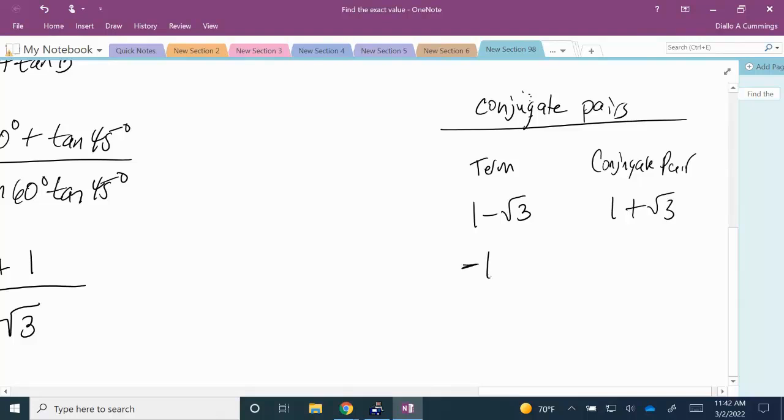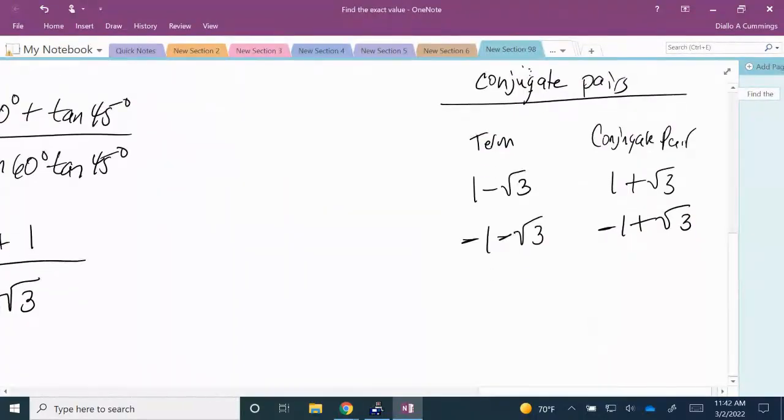So let's just say our term was negative 1 minus the square root of 3. Its conjugate pair would be negative 1 plus the square root of 3. Right? Only the sign for your second term changes. Let's say we have 2 plus the square root of 3.